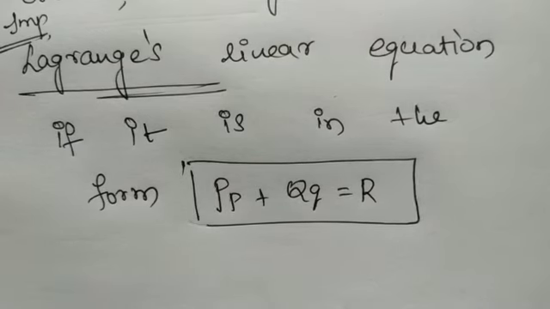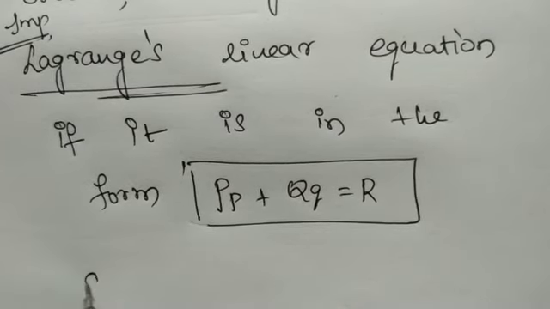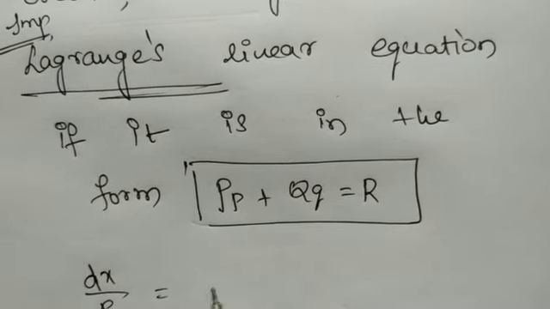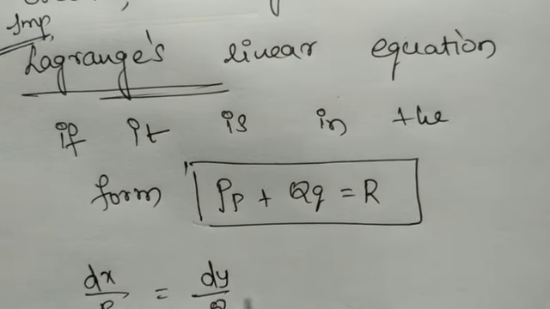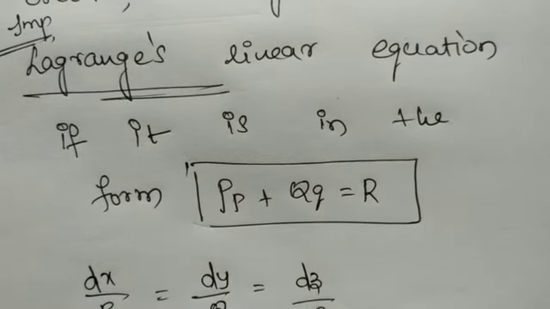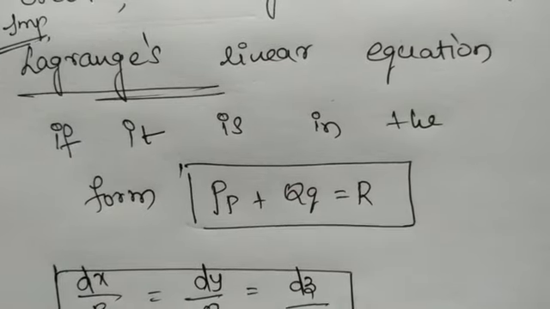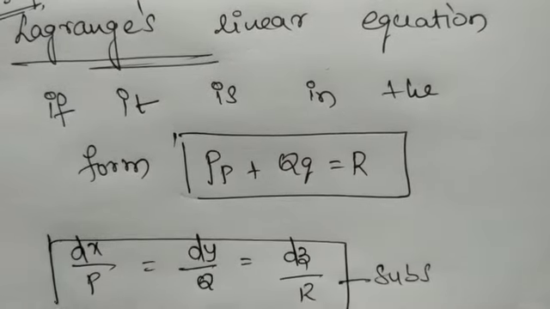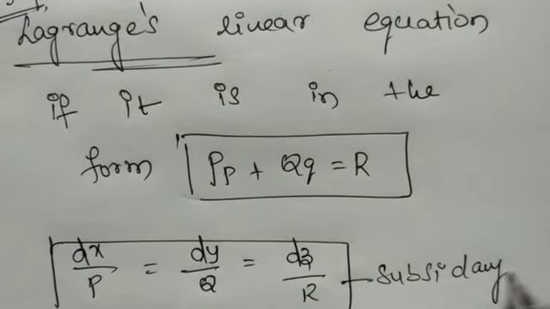The subsidiary equation is dx by P equal to dy by Q equal to dz by R. This is the subsidiary equation.